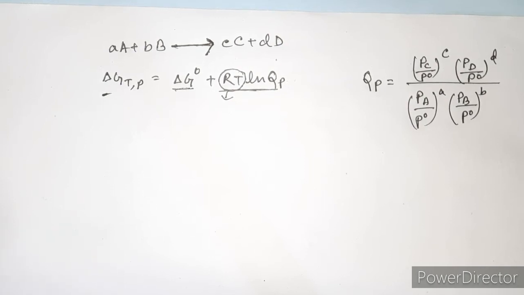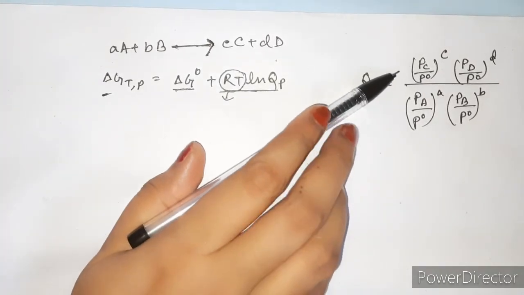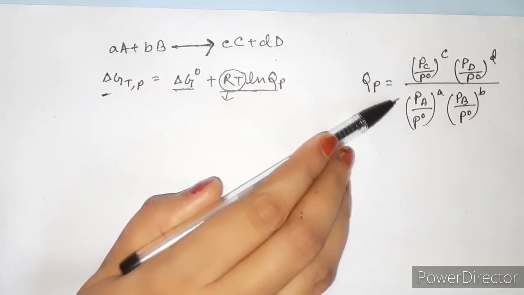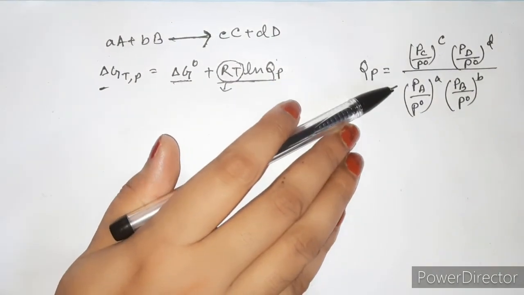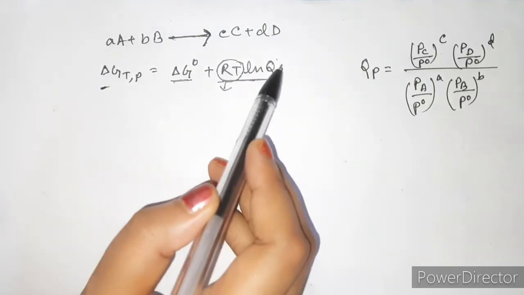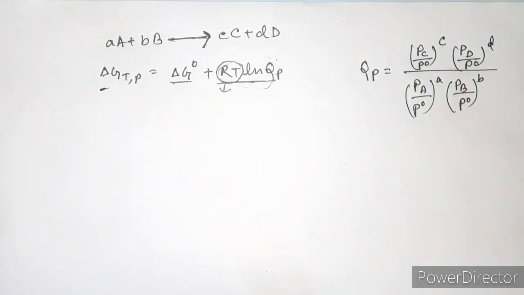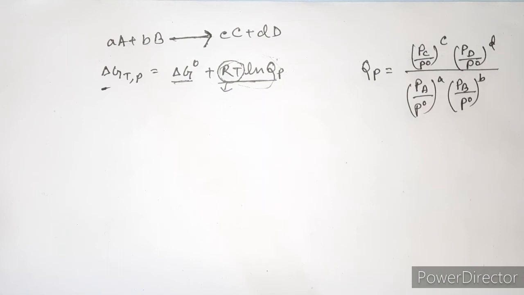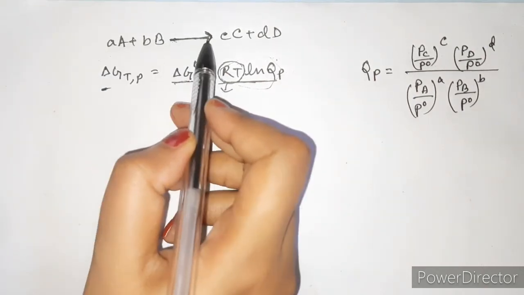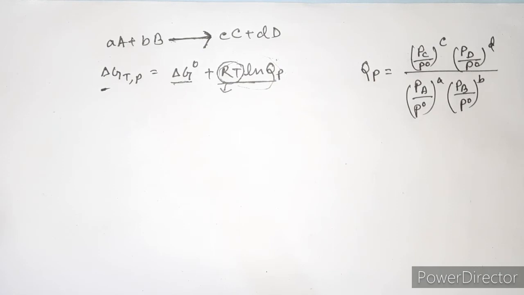Let's assume another case where the partial pressure of the product is more than the partial pressure of the reactant. Then this term will be a positive term. So del G tends to be more positive than in the previous situation. That means in this situation, the forward reaction is not spontaneous.